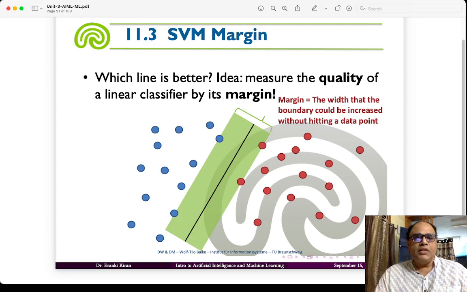These data points that fall exactly on the boundary of your classifier or hyperplane are referred to as support vectors. The d-dimensional vectors that are used to support your classification process are referred to as support vectors, hence support vector machines.